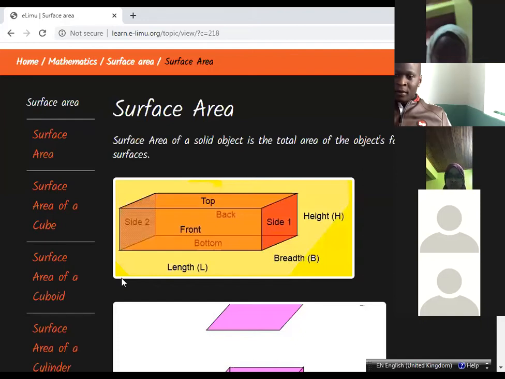We are going to add side 1 and side 2, bottom and top, front and back. So we add 100 centimeters squared plus 80 centimeters squared plus 160 centimeters squared. Work out.